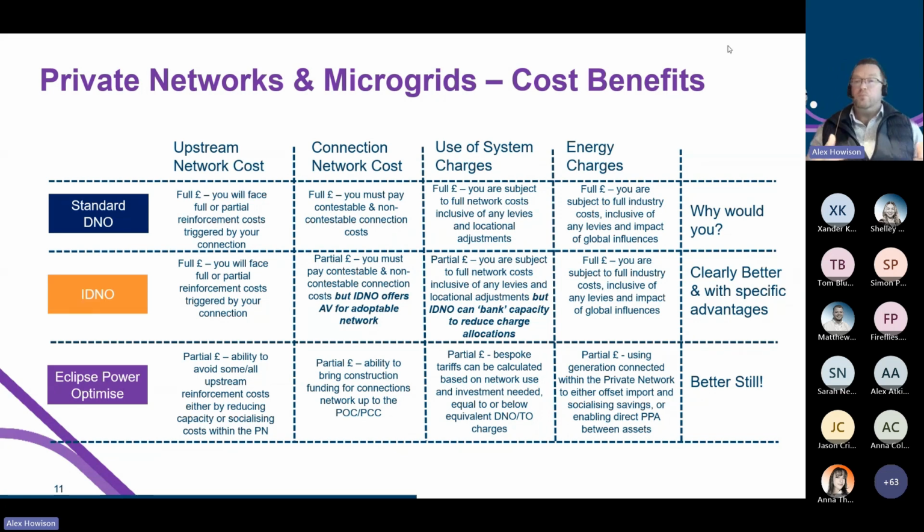The fact that we can bring up to 100% of the construction funding required for the delivery of a private network and microgrid solution, I think, is one of the critical elements. And of course, that does drive in that variance that we can also look at shared ownership. So as opposed to funding all up front, we can look at sharing the ongoing revenues from the use of system charges.